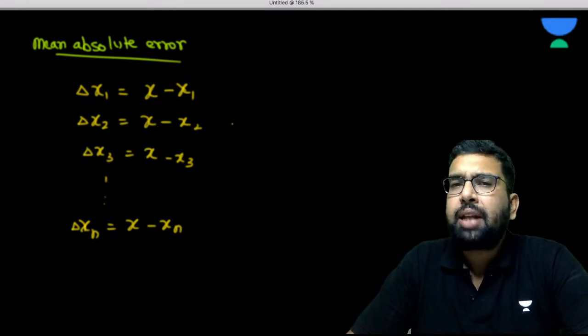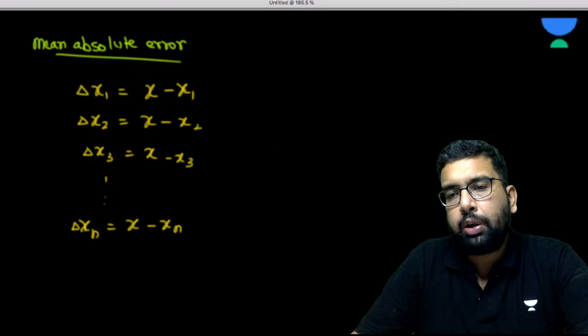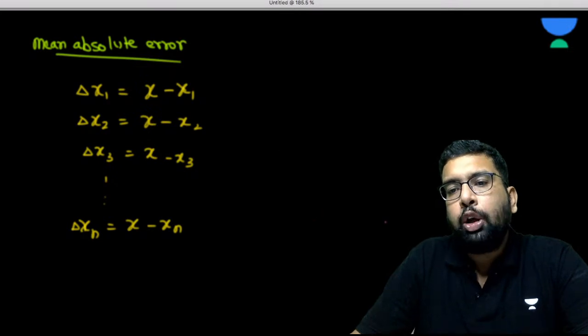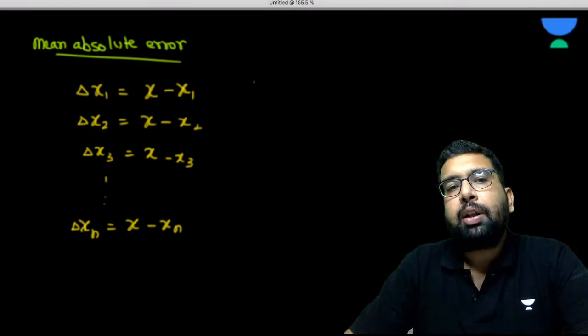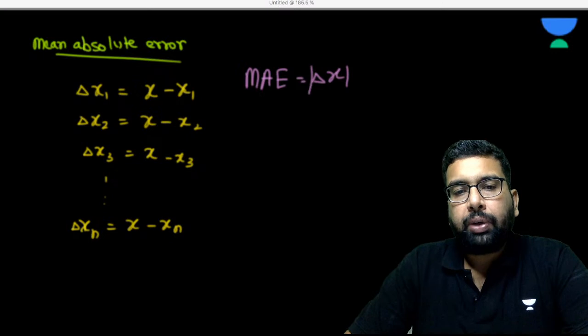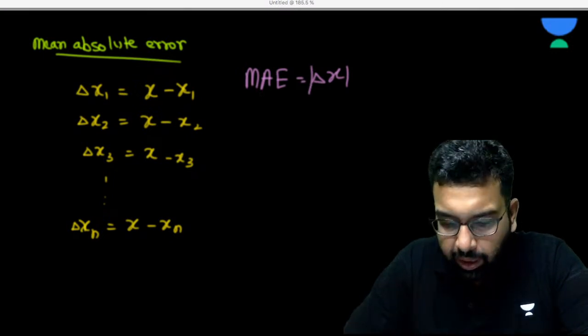And remember, we just have to take the magnitude of that, so you can write the mod of it. So what is going to be the mean absolute error? It is normally denoted as delta x mod, because we are interested in the magnitude only.